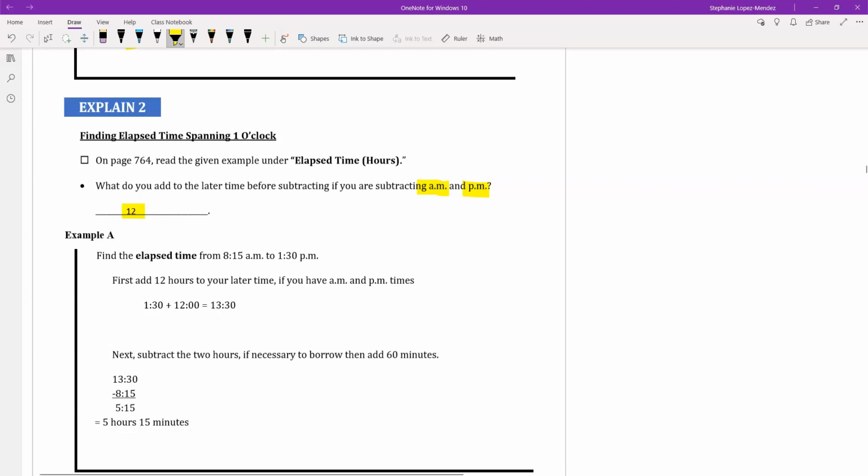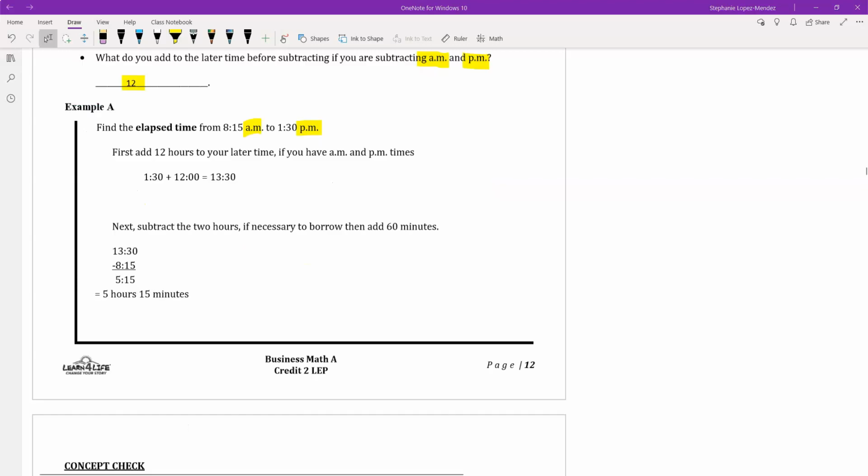So now we are going to explain what happens when you have a time AM and another time PM. It says, find the elapsed time from 8:15 AM to 1:30 PM. The first thing we need to do is to add 12 hours to our later time, right? Always, this is going to be the first step when we have an AM and a PM to subtract.